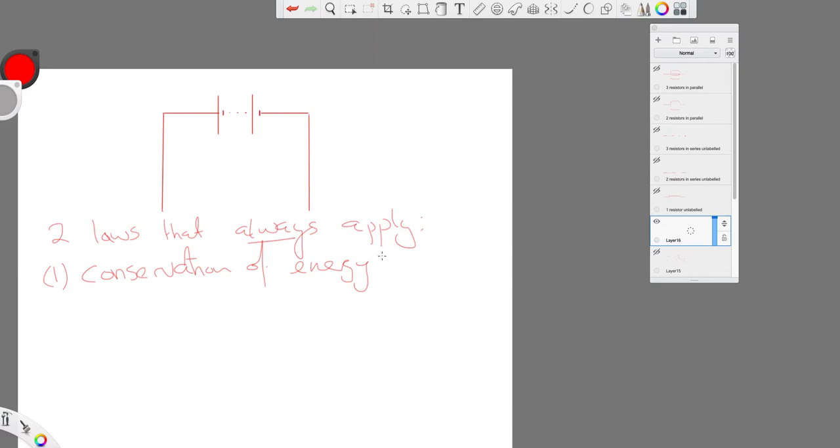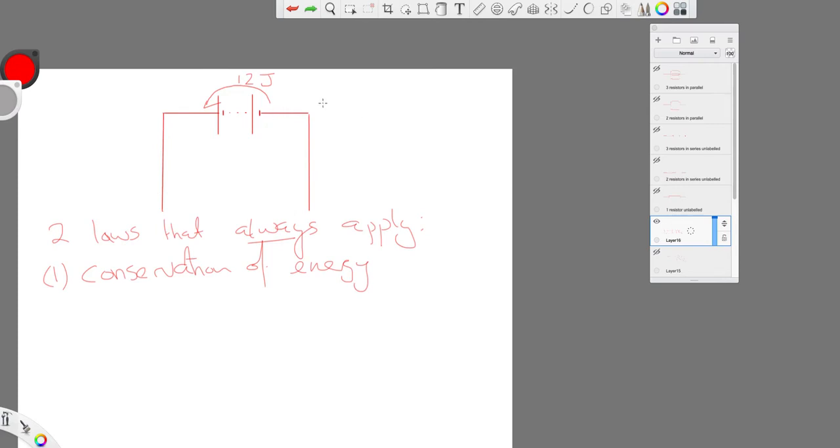So, in terms of a circuit, if 12 joules of work is done in moving my coulomb from here to here, then 12 joules of work must be done going around the circuit to get back to here.